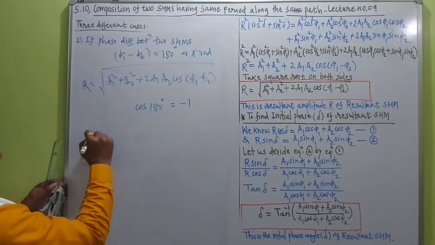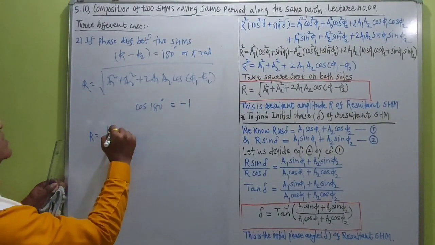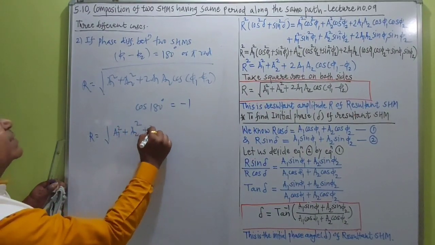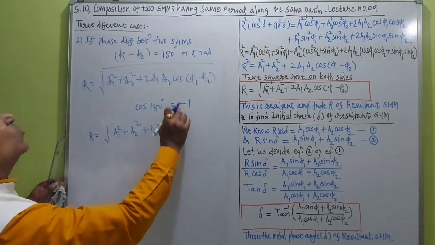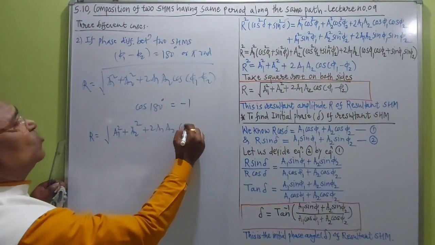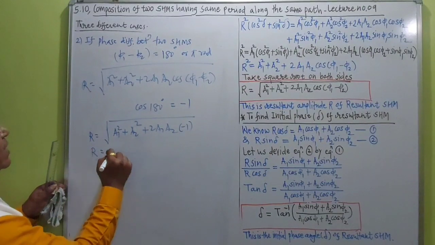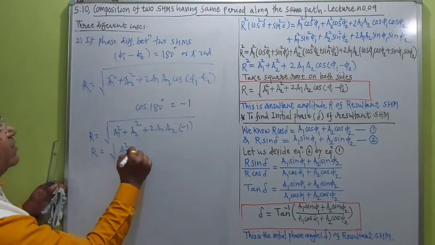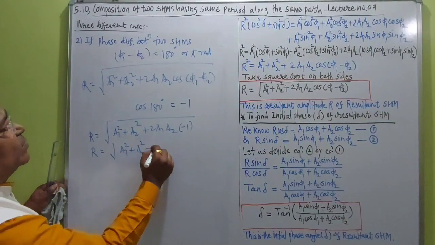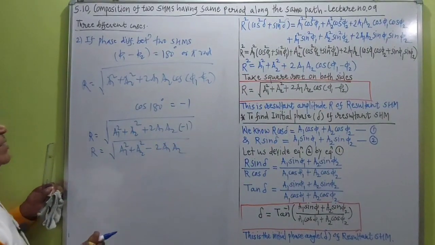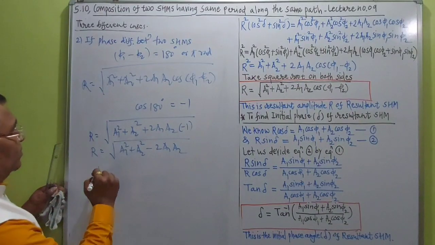So we get R is equal to square root of A1 square plus A2 square plus 2A1 A2 cos 180, which is minus 1. So capital R is equal to square root of A1 square plus A2 square minus 2A1 A2, and this is the square of what?